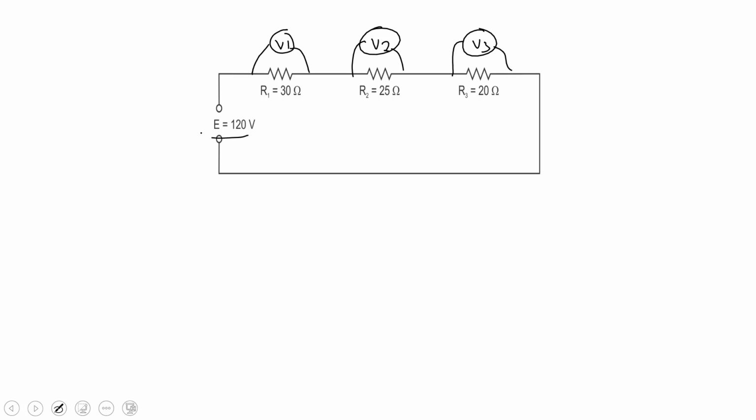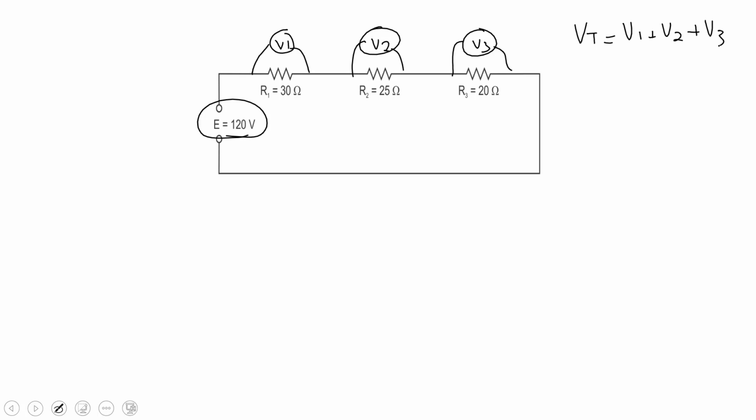Our supply voltage is 120 volts, and Kirchhoff's voltage law says that if you add all the voltage drops up, it should equal your voltage rise, or your supply voltage. So if I were to add voltmeter 1, 2, and 3 together, I'll have 120 volts. And so V total, or E, will be equal to V1 plus V2 plus V3.